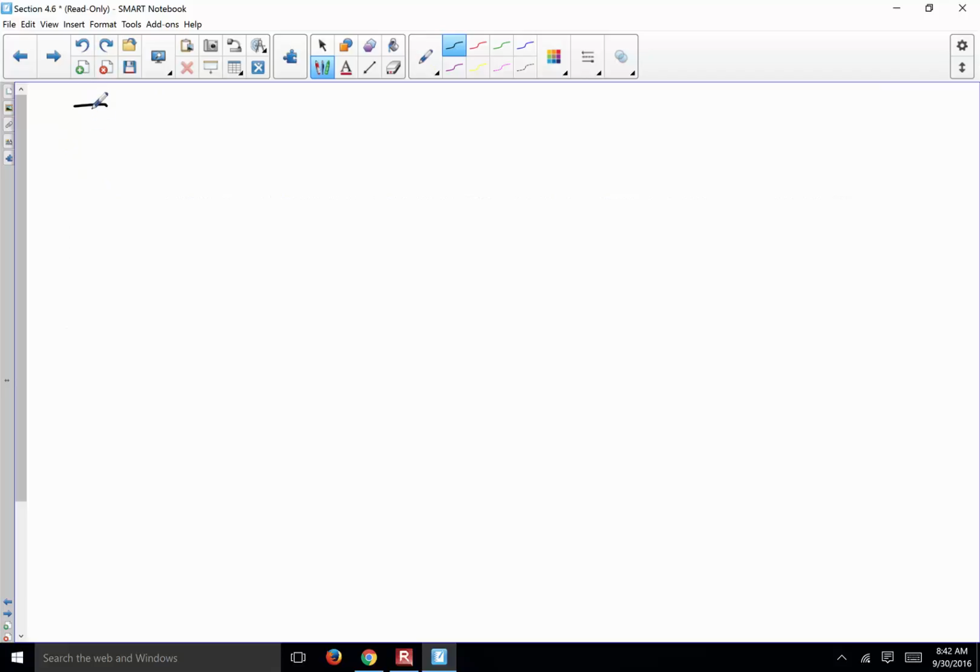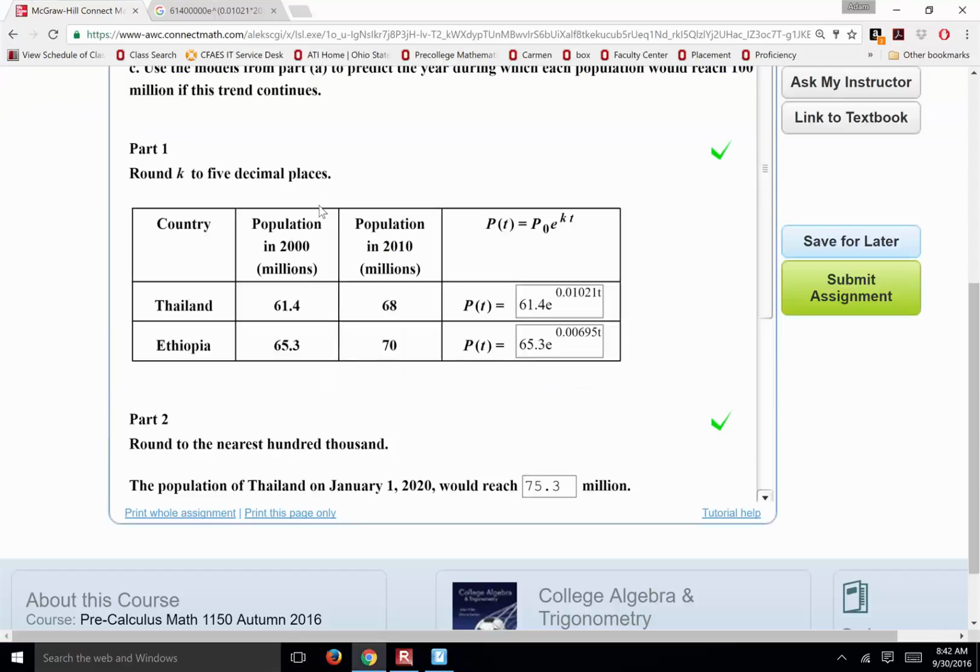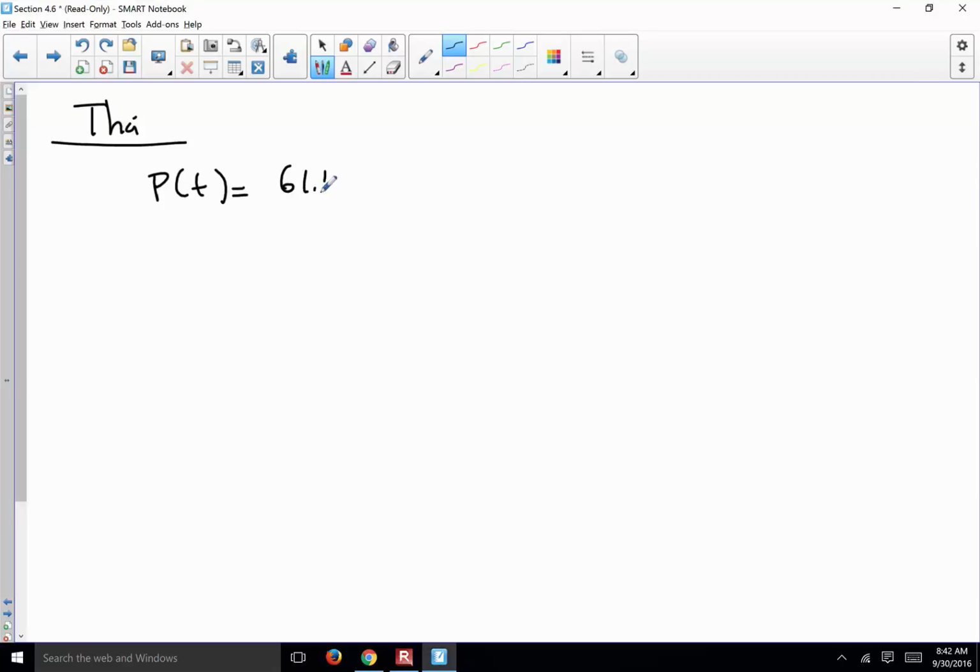First we start with Thailand. And what is their formula? P(t) is 61.4 e to the 0.01021 t. What is given? We want it to be 100 million. I put 100 here. Already 61.4 is fixed.